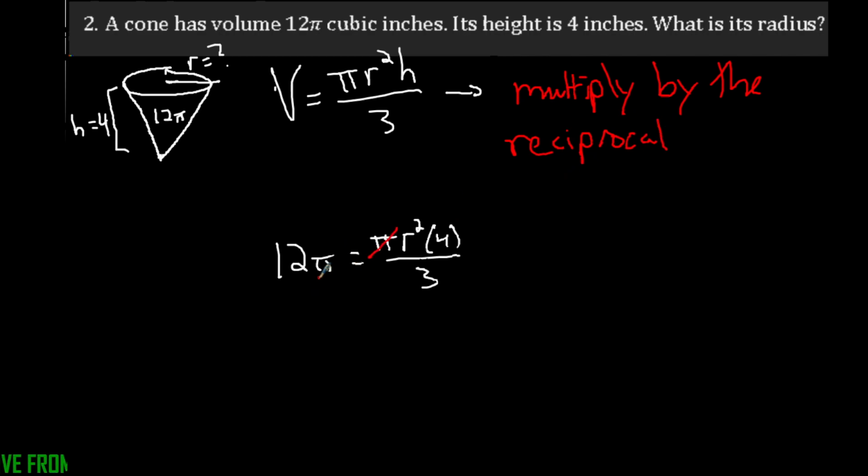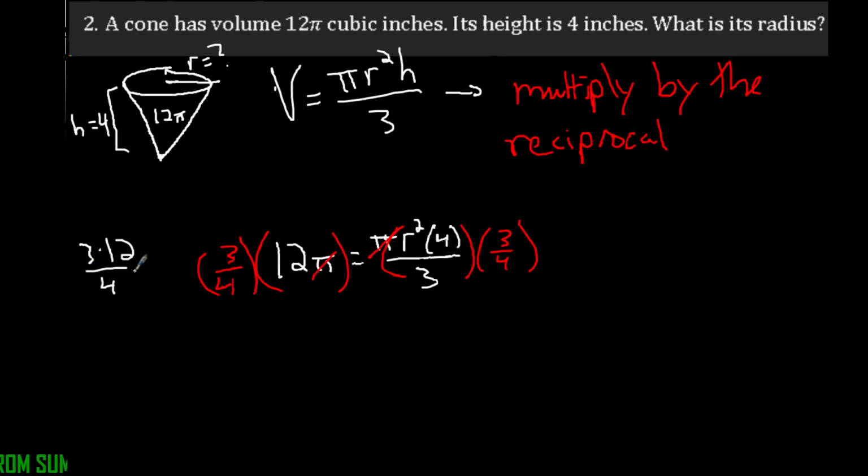The pi's cancel out on both sides, and then I multiply both sides by 3 over 4. That way, these cancel out, and on the side here, I can do 3 times 12 divided by 4, which is the same as 36 divided by 4, which is the same as 9.